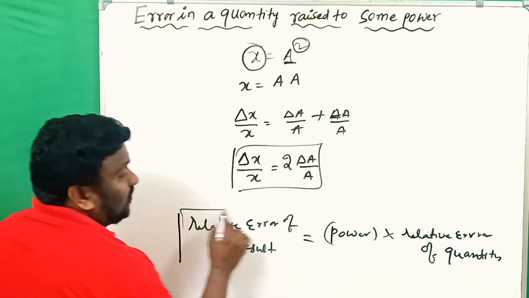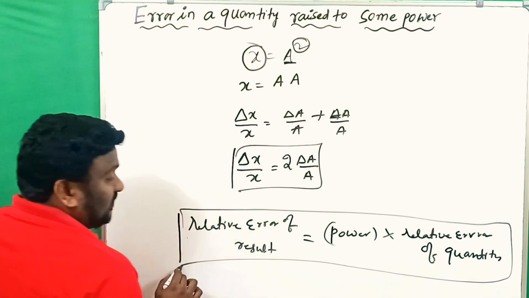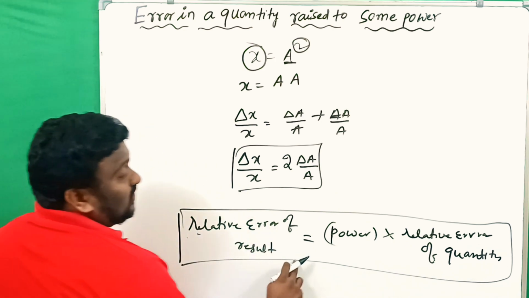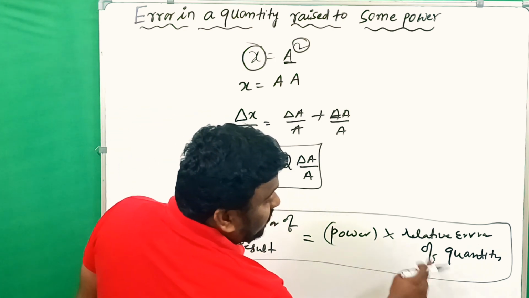So this is the formula we are going to use: relative error of result is equal to power into relative error of quantity.